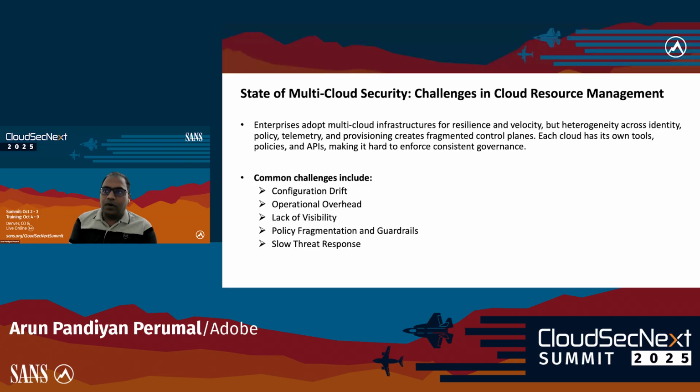Next, policy fragmentation. Here we have different policy enforcement models and guardrails for each cloud, which can lead to inconsistent governance. And lastly, slow threat response. When an issue comes up, we take some time to determine it, and then we may end up in a situation where we collect the data, then take some time to review, and then address that issue.